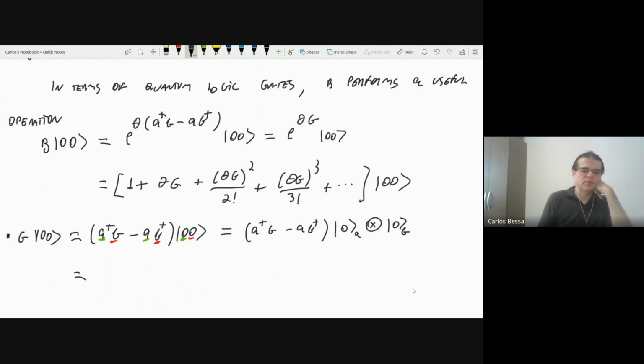So this will give 1 times the scalar product with 0, because b is the annihilation operator in the B state. So it's 1 times 0, which is 0. Minus a applied to this is 0, so it doesn't matter, times 1 plus b. So this is 0.